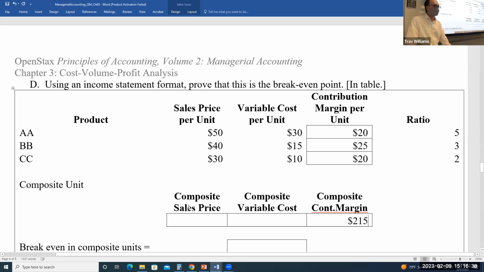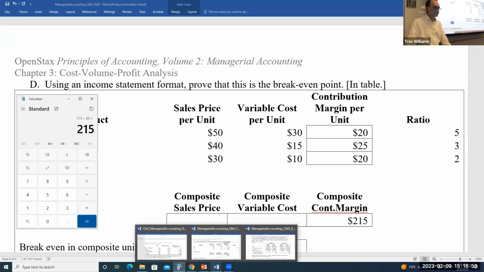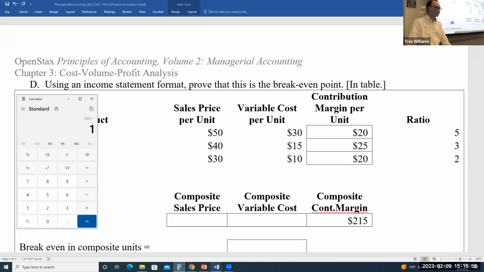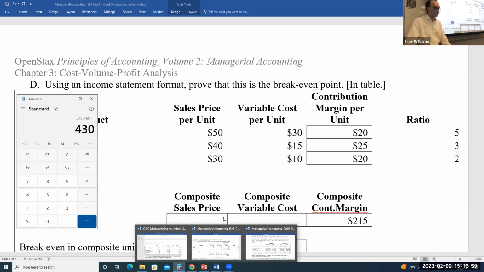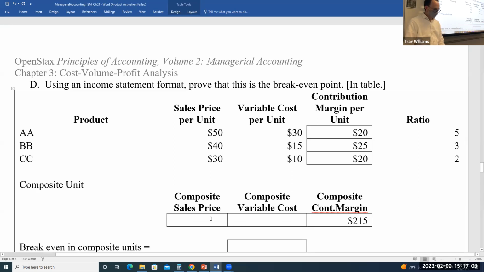We could do the same thing to get our composite sales price. Take $50 times 5, that's going to be $250. 40 times 3 is going to be 120. 30 times 2 is going to be 60, right? So our composite sales price is $430.